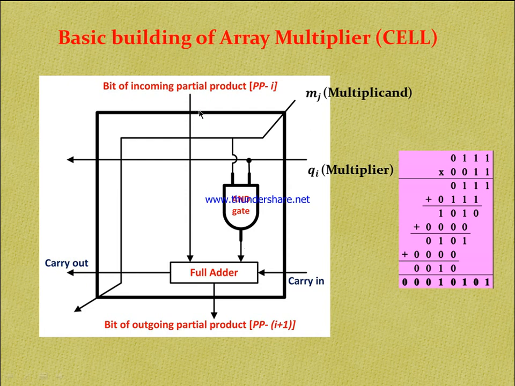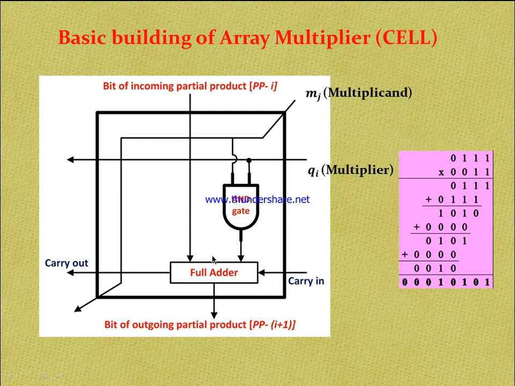Here the partial product input is 0, because before this bit no partial product has occurred. So there is no carry also, and that's why the result is 1. In this way the operation can be performed with the help of this cell.